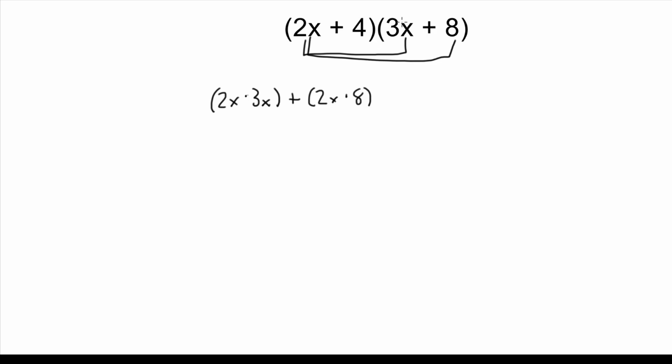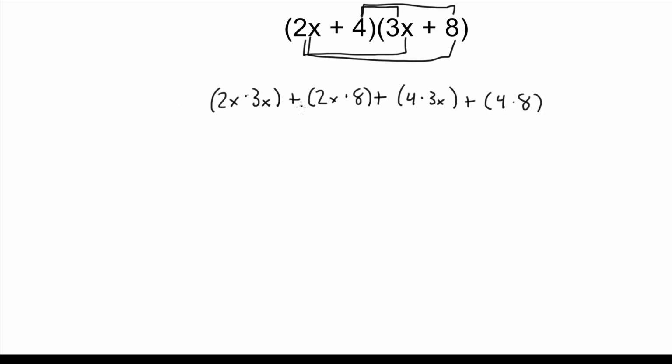Then we're going to do it for the second term as well. So we can add here. We're going to do the second term by the first. So that's going to be 4 times 3x. And then we'll do the second term by the second term, which is going to give us 4 times 8.